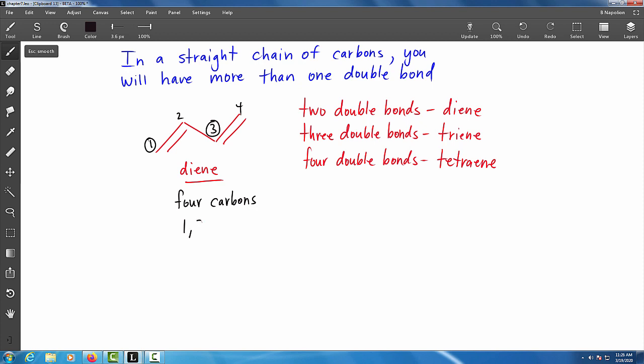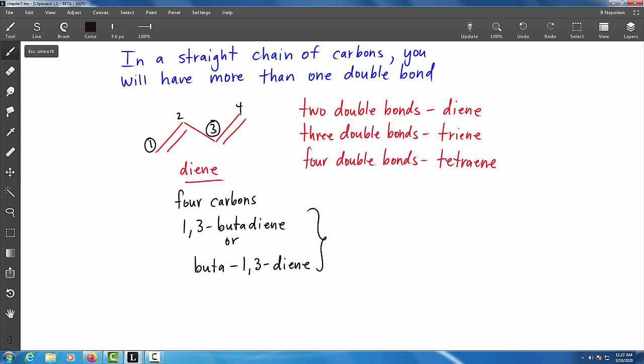So 1,3-butadiene. That would be the correct notation for that. Or you can call this buta-1,3-diene. Both of these notations are correct and they represent the molecule.